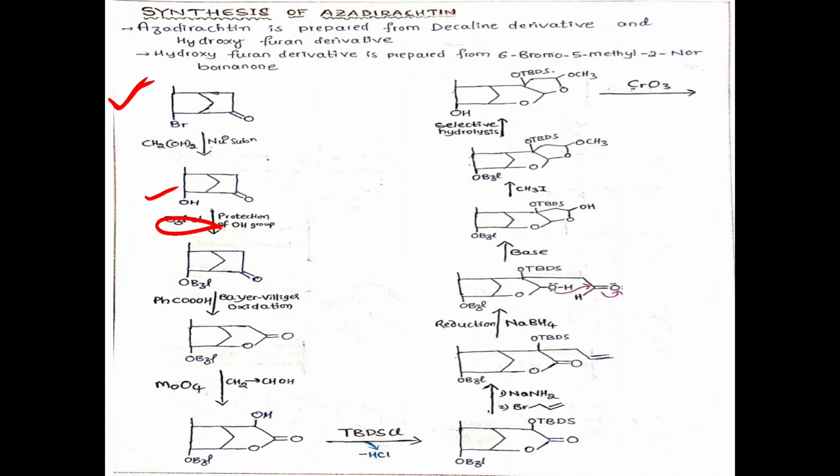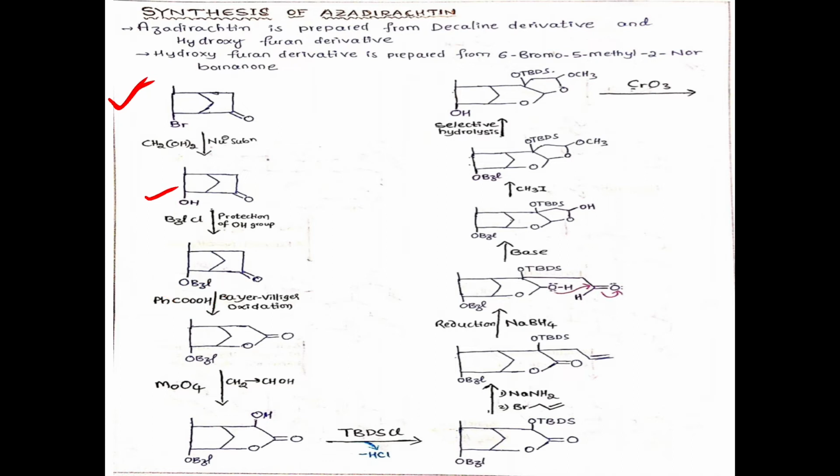On treatment with benzoyl chloride, it loses a molecule of HCl, that is, the hydrogen from the hydroxy group and the chlorine atom from the benzoyl group are lost in the form of hydrogen chloride, and the hydroxy group is protected in the form of a benzoyl group.